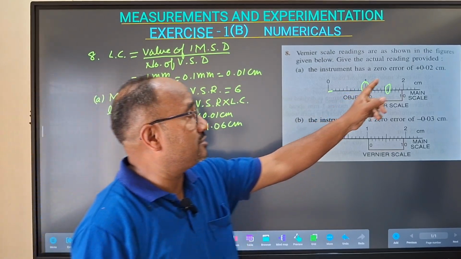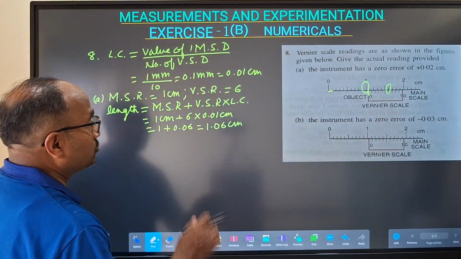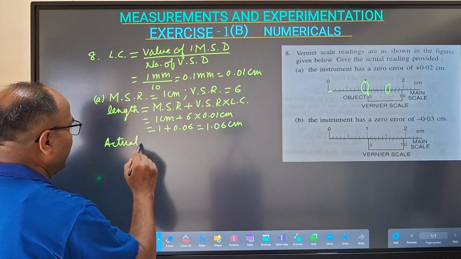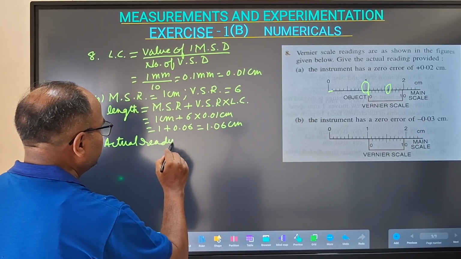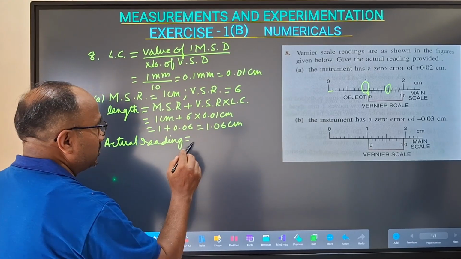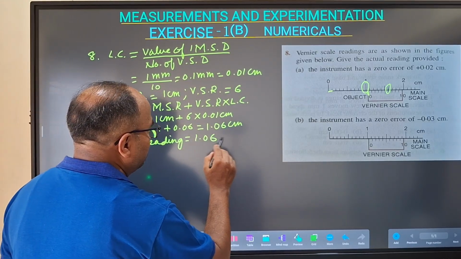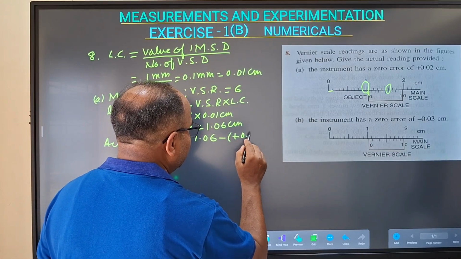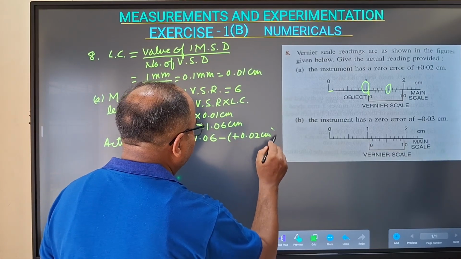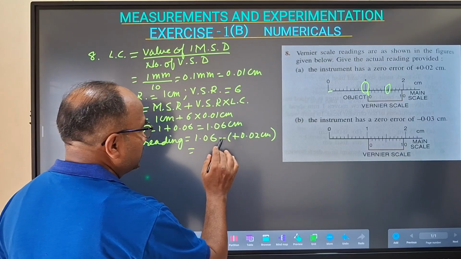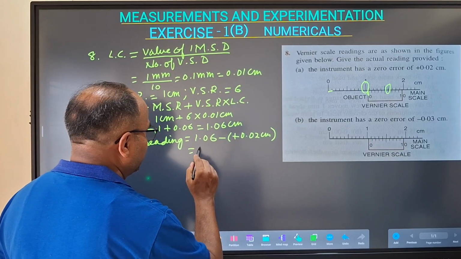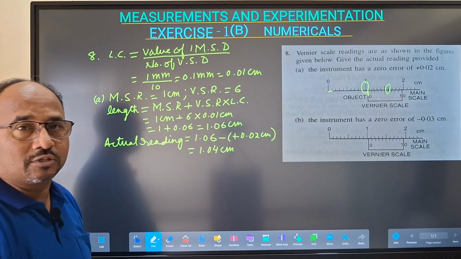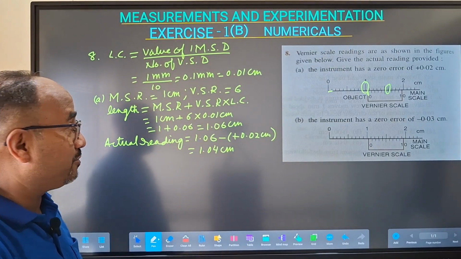But then we have a zero error there, and they are asking for the actual reading. So actual reading is the reading I had got, minus the zero error. Zero error is given as plus 0.02 centimeter. So 1.06 minus 0.02, 1.04 centimeter is the answer. So the A part has been done.